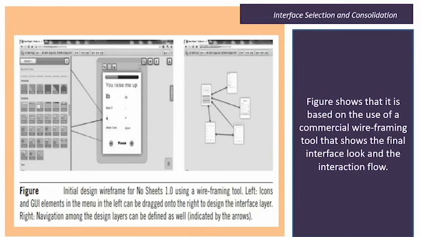So that's the process of HCI, the overall process of HCI design. You first go with requirement analysis, then user analysis, then making a scenario and task modeling, and then interface selection and consolidation.